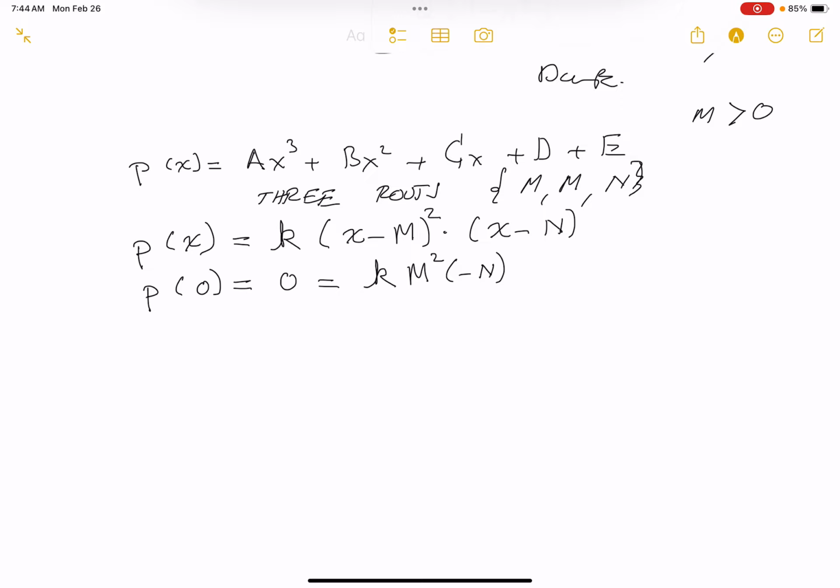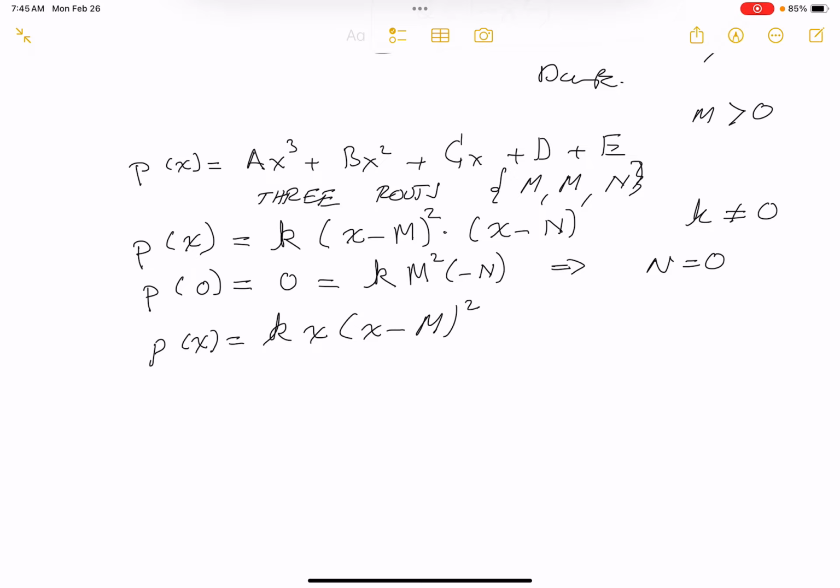All right. What does this tell me right now? This actually tells me, by the way, k cannot be equal to 0. Otherwise, it wouldn't be a third degree polynomial. M is not 0 as well, so n must be 0. So I'm going to revise now. P of x is equal to k x minus m squared.